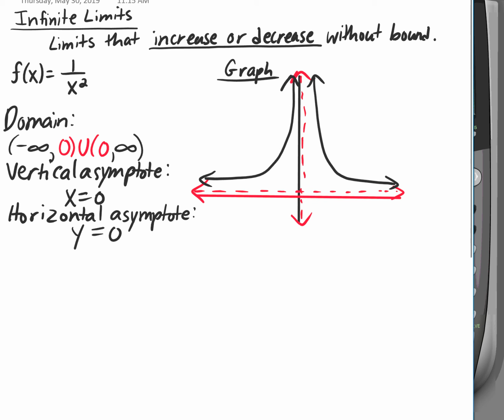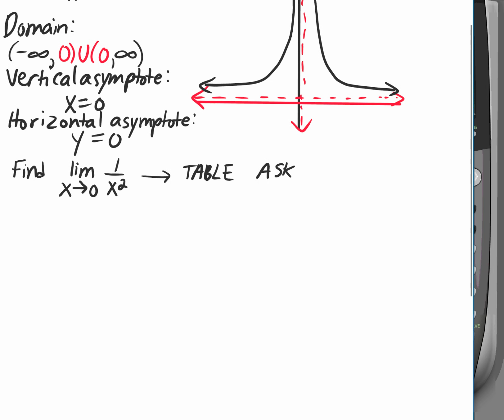What we're going to take a look at right now is finding the limit as x approaches 0 of 1 over x squared. So we're going to use that table ask feature. We already have it in the calculator. Let's just pick some good values.